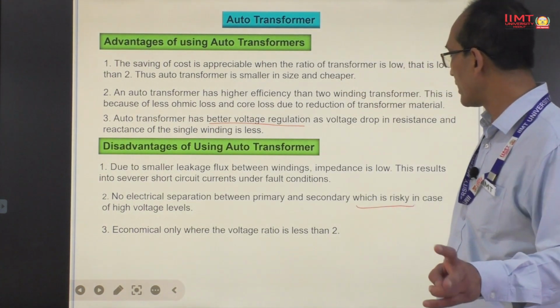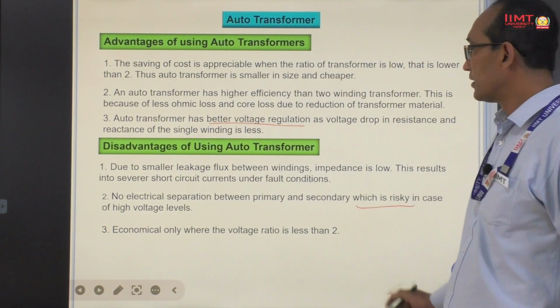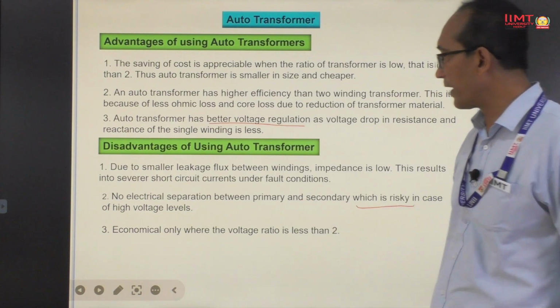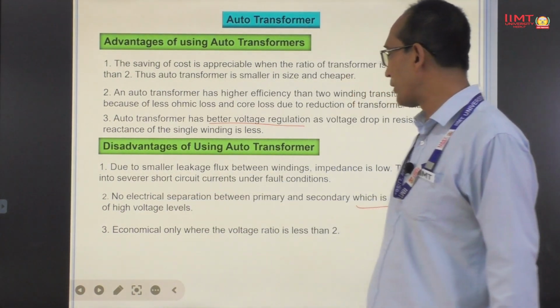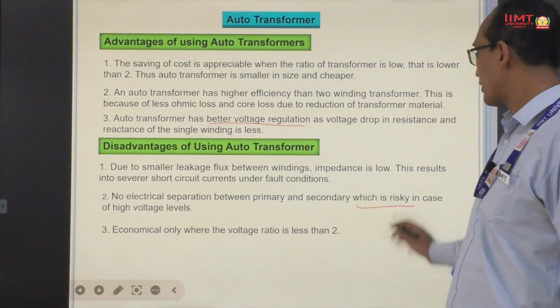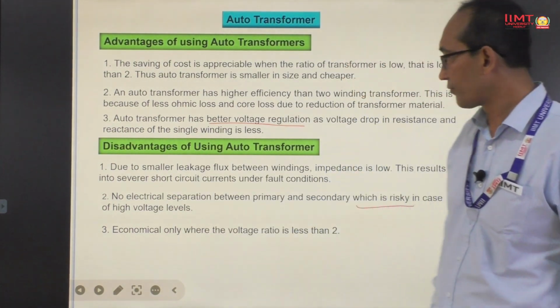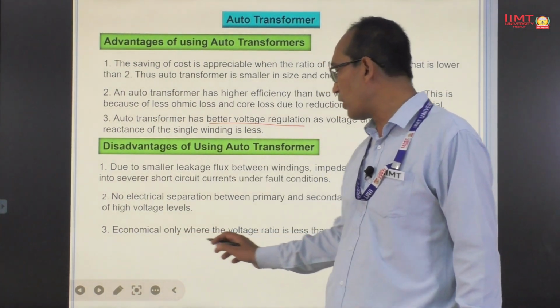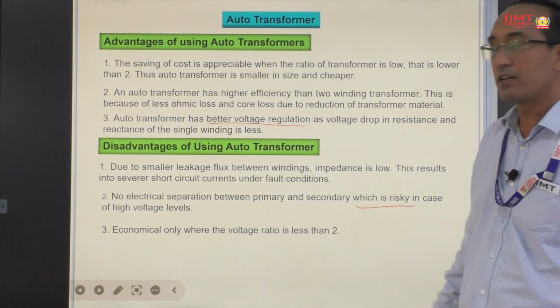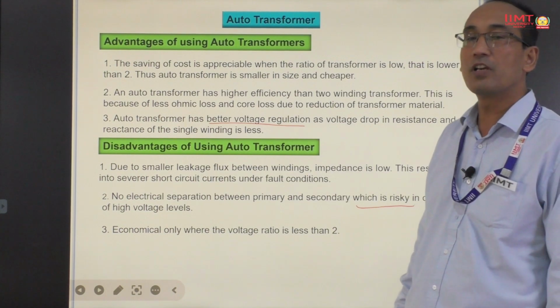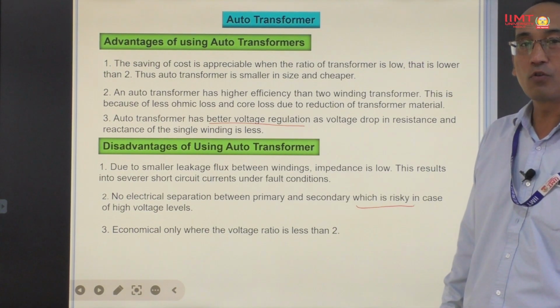So this is also a risk here. That is why we are saying no electrical separation between primary and secondary winding, which is risky particularly in case of high voltage level, and economical only where the voltage ratio is less than 2, otherwise it will be comparatively costly.